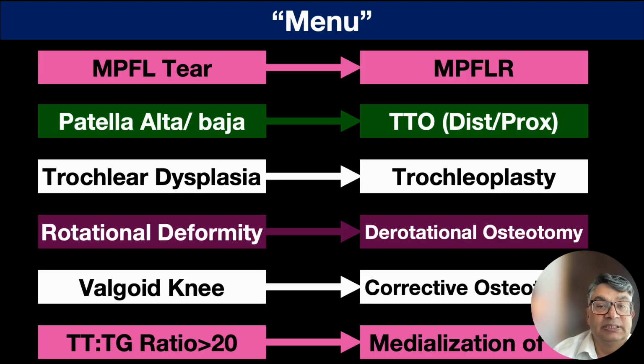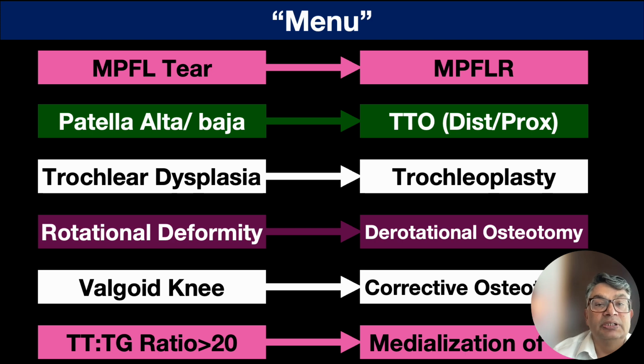So this is a very simplified menu by Elizabeth Arendt, and she says that if there is an MPFL tear, perform an MPFL reconstruction, which is most of the time, as the MPFL tear is present. But if there is a patella alta or baja, then you have to do a tibial tubercle osteotomy.